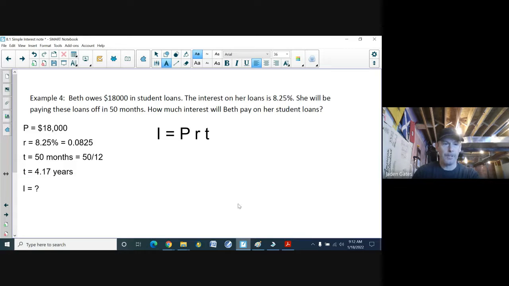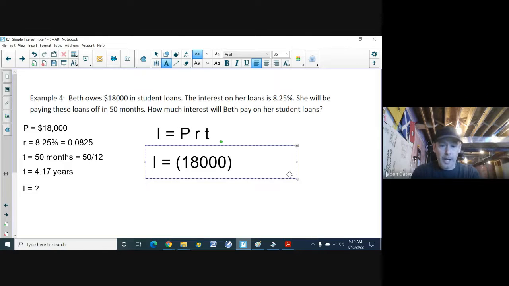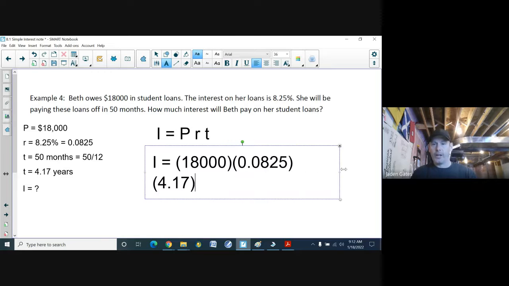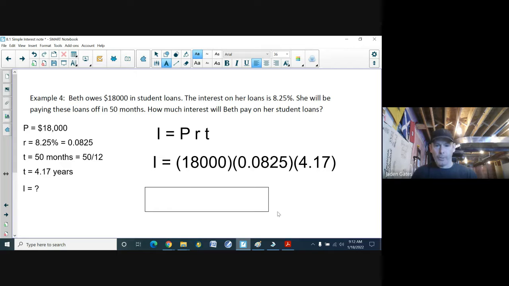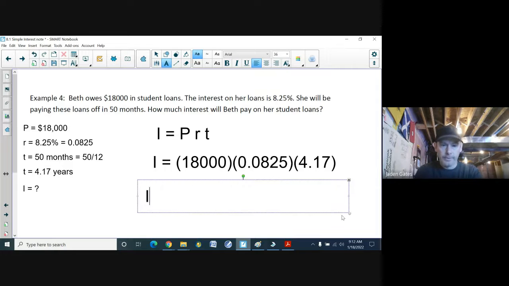And lastly, we're trying to find out how much interest Beth's going to have to pay on her student loans. So I'm going to substitute in my values here. I is equal to 18,000 times my interest rate, 0.0825. Whoops, forgot the 0 in there. There we go. That would change my answer quite a bit. And again, my years is 4.17. I multiply my three numbers: 18,000 times 0.0825 times 4.17.